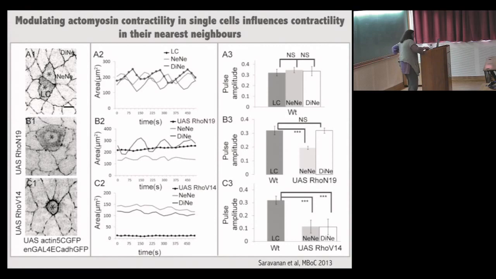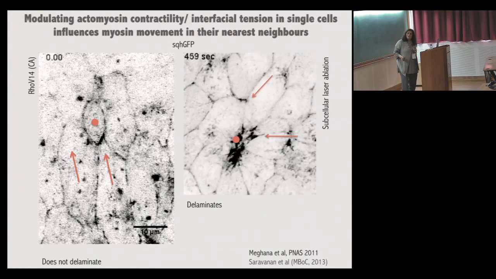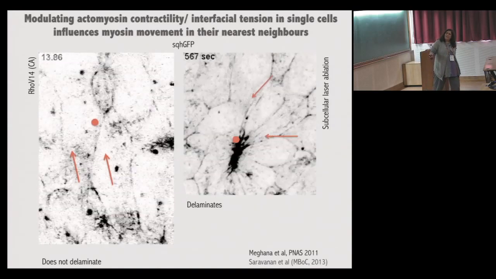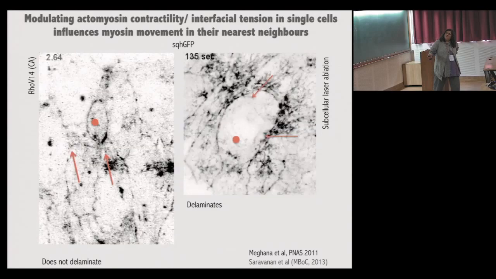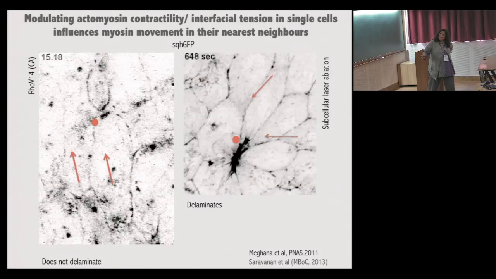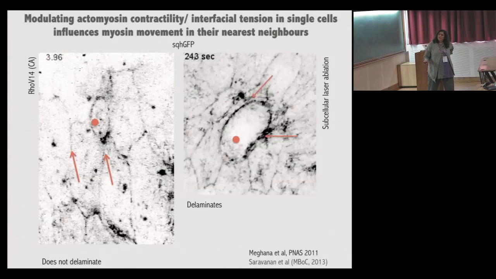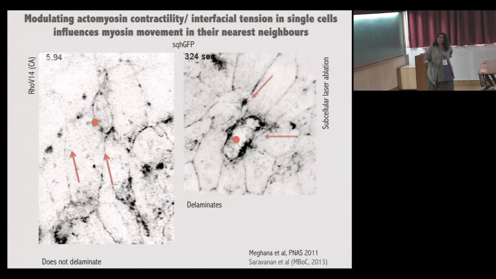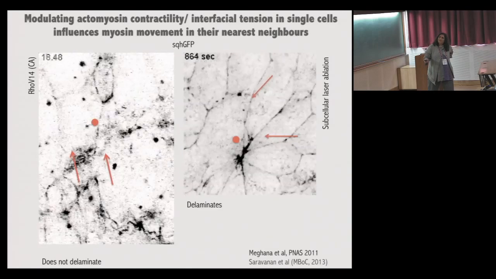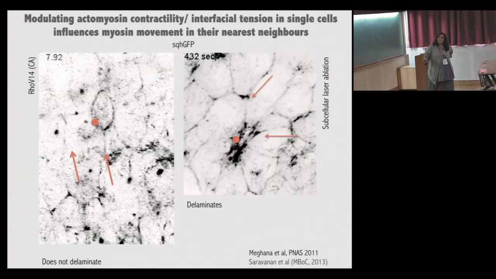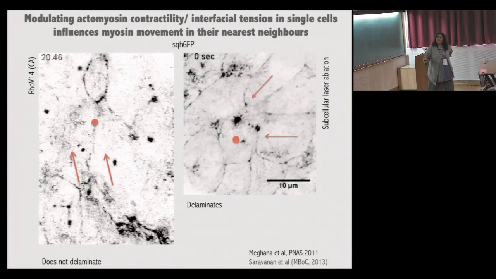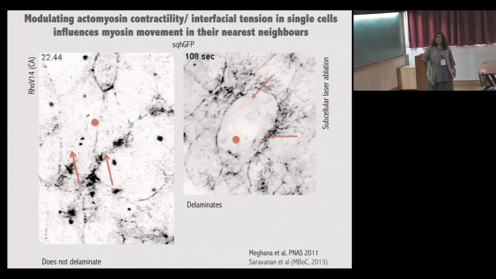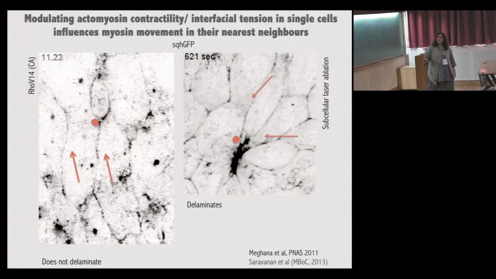What's perhaps a little more striking and somewhat unexpected is that you can take a single cell in which you've activated contractility, or you've used a laser to create those changes in geometry I showed you, and then see that in both of these kinds of perturbations, you can now redirect myosin towards the interfaces of that cell that you just constricted by activating Rho, or you caused to expand and constrict by using a laser.